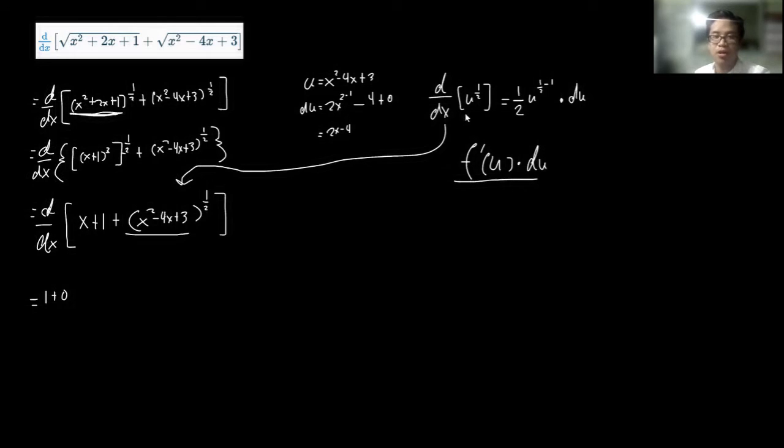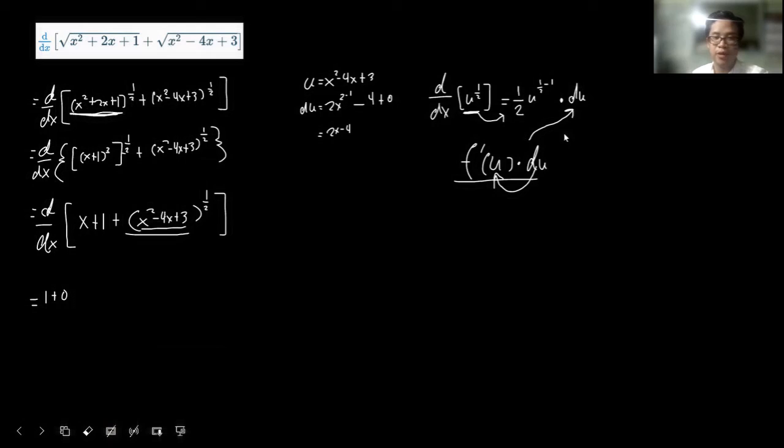So you need to find the derivative of this one, and then the du, which is this one, because du represents the derivative inside of your function, which means the derivative inside the square root of x squared minus 4x plus 3. All right, so let me edit the arrows.